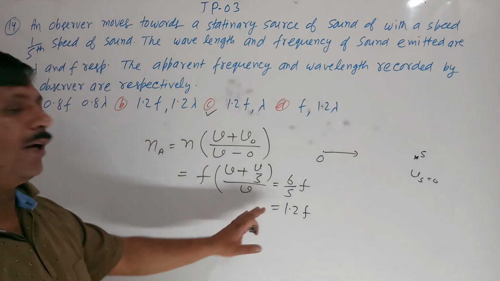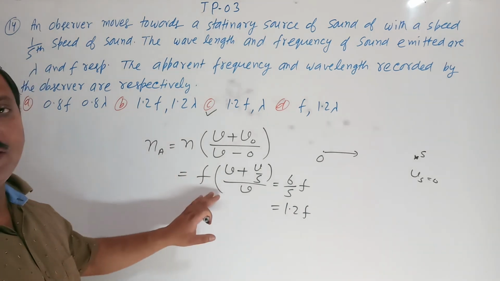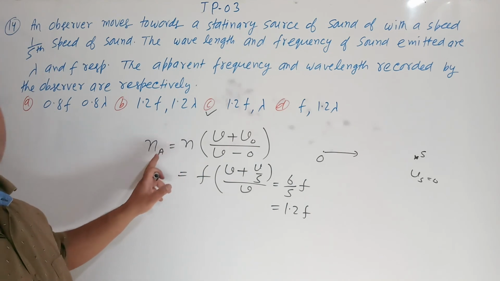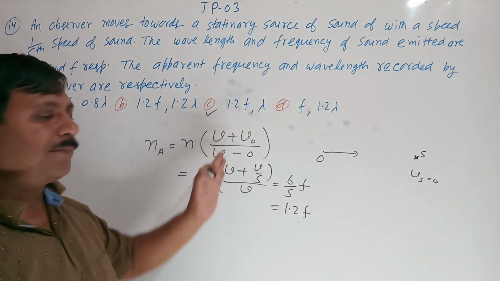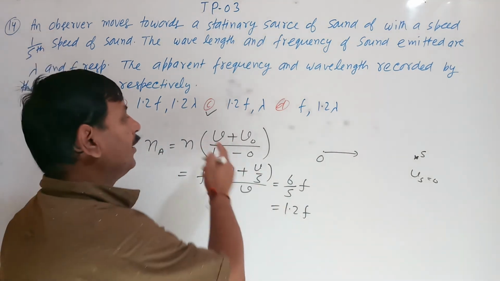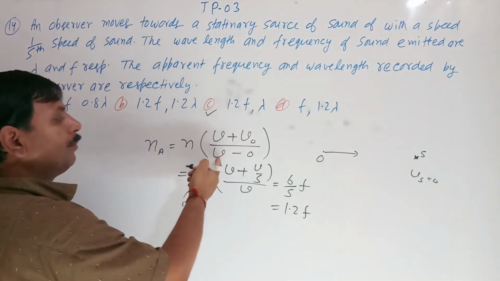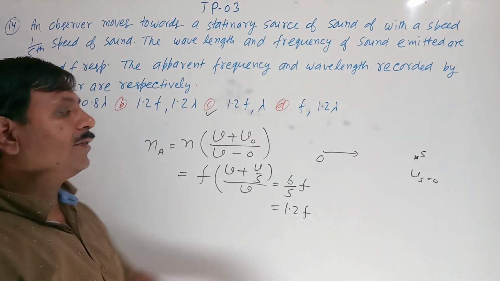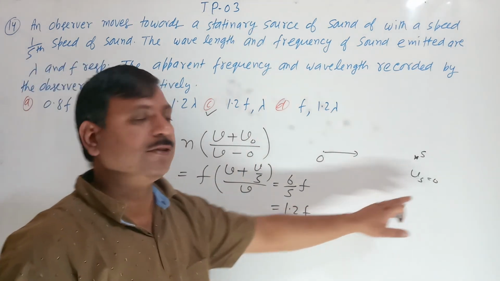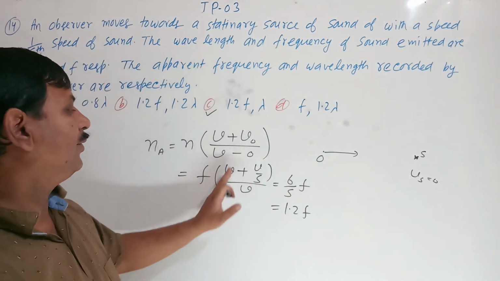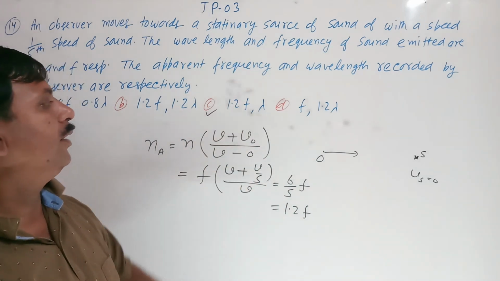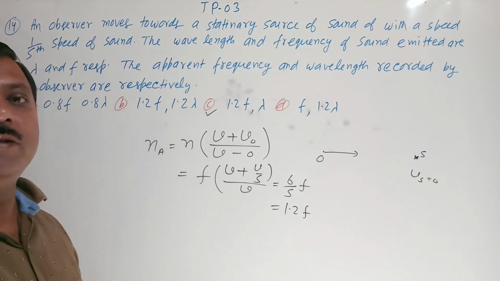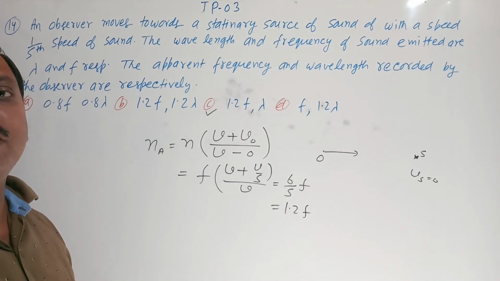But if you want to find the apparent frequency, we can use this formula: n apparent is equal to n, and both are approaching each other, so (V plus V naught) upon (V minus Vs), where V naught is the velocity of the observer. Here the source is stationary, so Vs becomes 0, and we have solved it: 1.2f will be the apparent frequency and the wavelength remains the same. Option C is correct.